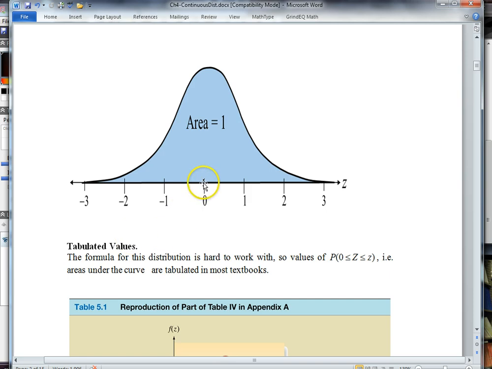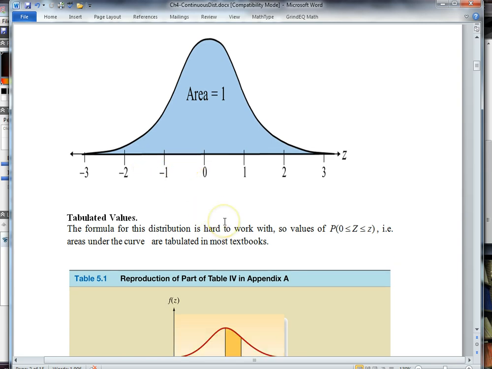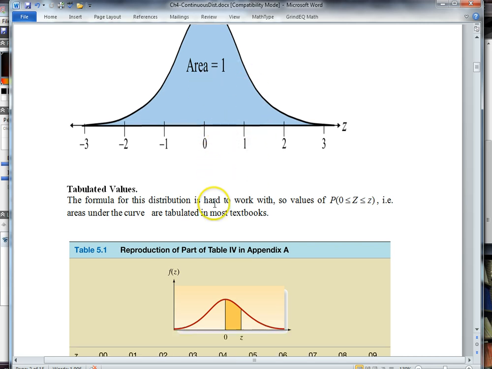I can tabulate probabilities between 0 and points to the right, and by symmetry I can compute the probabilities of similar points to the left. Okay, so that makes things easier. At least that's what your textbook does. So we're going to compute probabilities of this form: Z between 0 and a small z to the right. That means Z between 0 and this point, and this will be the area.